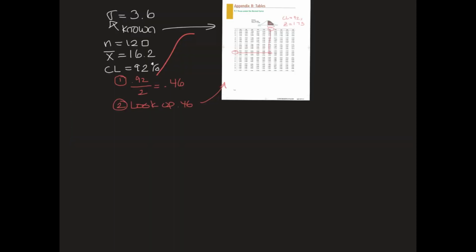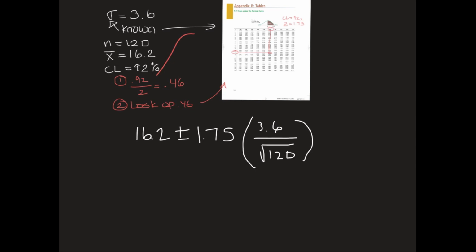Okay, so now that we have that, we have our x bar, 16.2, plus or minus 1.75 times sigma, which is 3.6, divided by the square root of 120. So once again, let's find our margin of error.